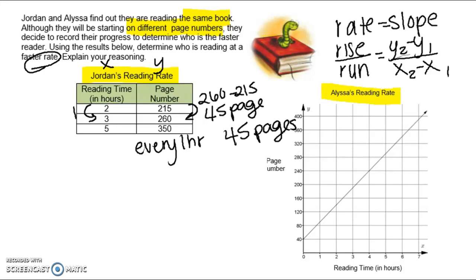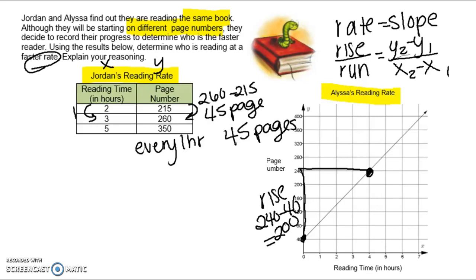In the graph, we can see that Alyssa started at page number 40, and at hour 4, she was at 240. So we can do our rise over our run. So my rise would be 240 minus 40. So my rise is 200.